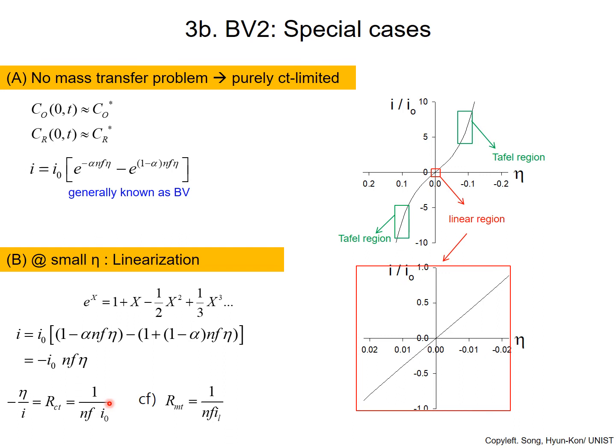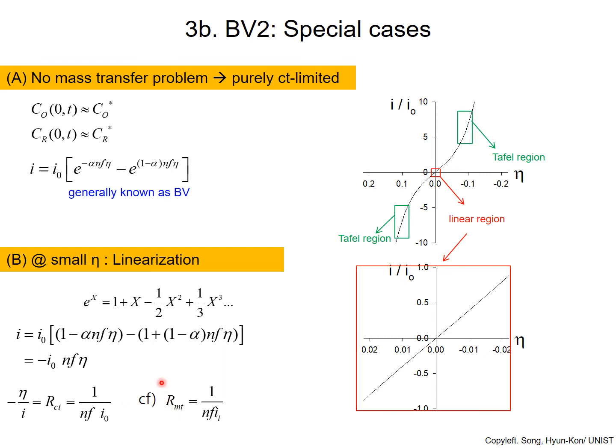From the exchange current value, we could obtain the standard rate constant k0 by using the previously presented equation. So finally, we could estimate the standard rate constant, which is a measure of kinetic facility.